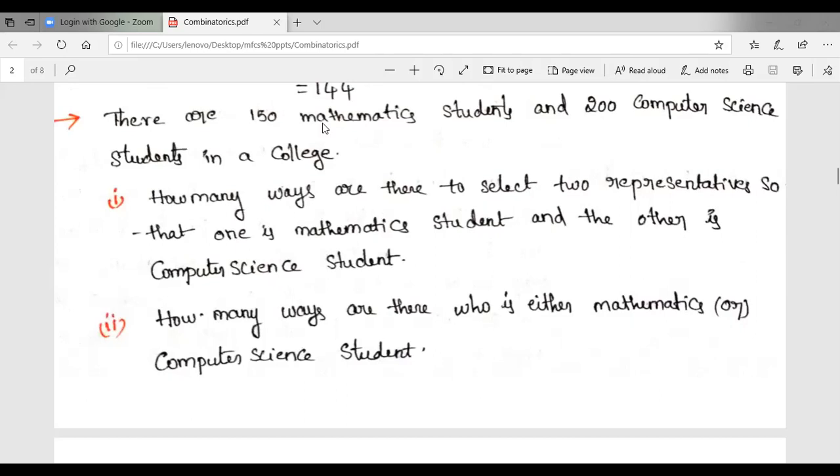In mathematics, we have 150 students, so the possibilities are 150. The total computer science students are 200. So the combination of one mathematics student and one computer science student is 150 into 200.